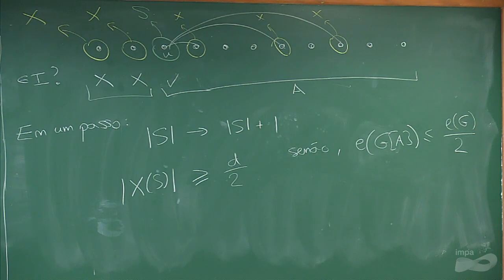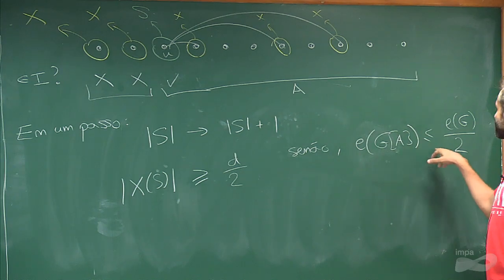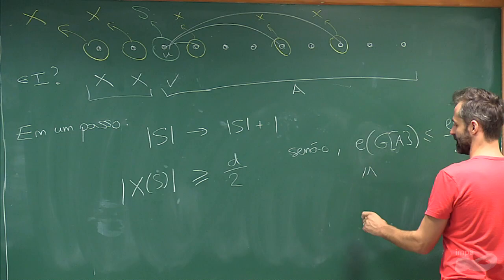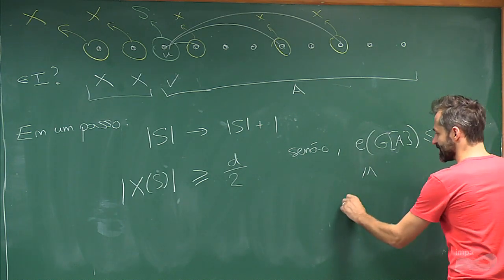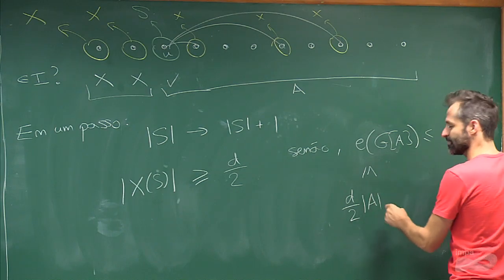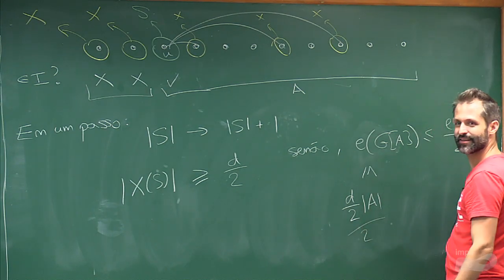Your thing is you're throwing vertices out in the middle of the process. And that's why I don't find it obvious that you'll get happy edges. Ah, right, because it's even fewer because A is smaller. So the average degree is at most d over 2 times A over 2.